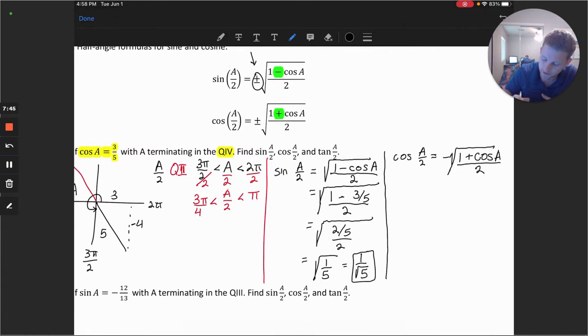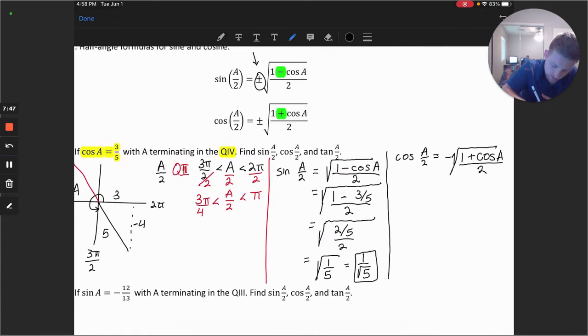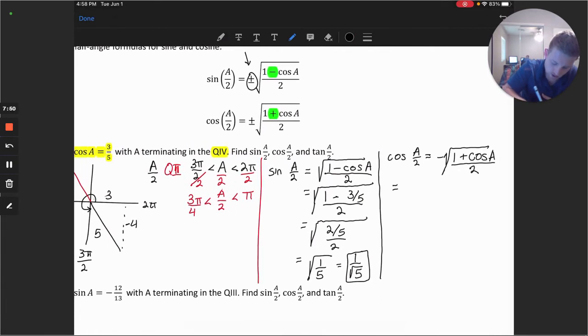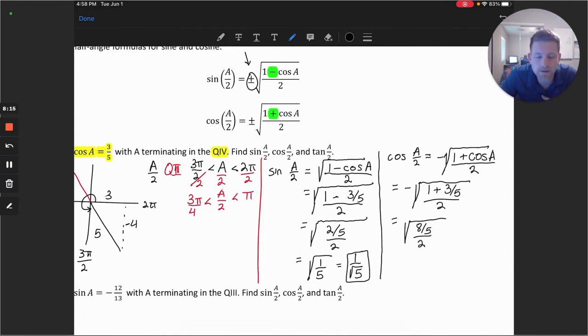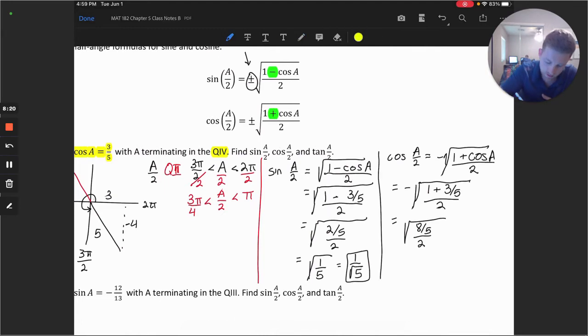We know the cosine again is 3 over 5, so we're going to use that. This is going to be equal to negative square root of 1 plus 3 over 5, divided by 2. The numerator here we can simplify: adding 1, we'll have 5 over 5 plus 3 over 5, which is 8 over 5, over 2. And then dividing this 8 over 5 by 2, we can actually cancel out.